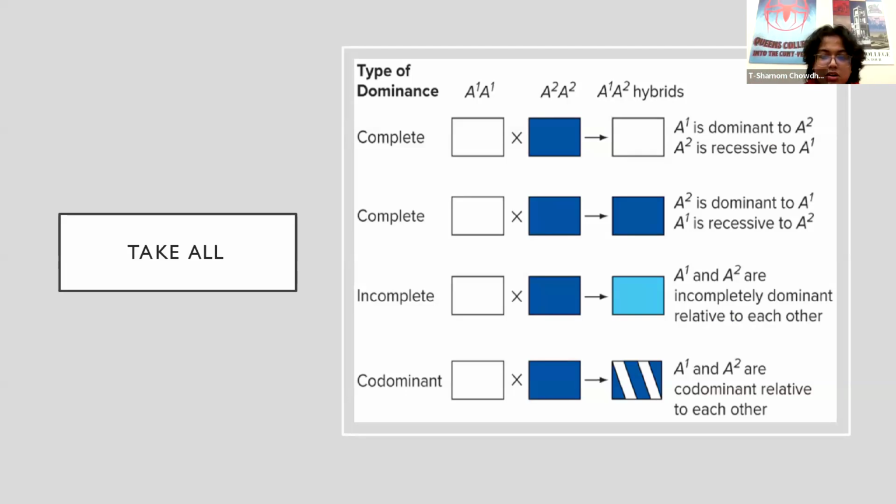Incomplete dominance is where neither allele is dominant to one another, so you get a mixture of both alleles. As you see here, you have a light blue child generation. In co-dominance, both alleles are dominant, so now both alleles are represented in the child generation, or the F1 generation.